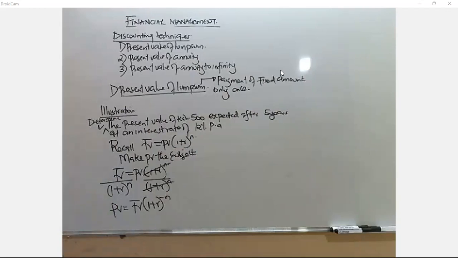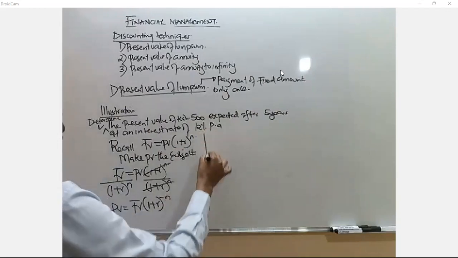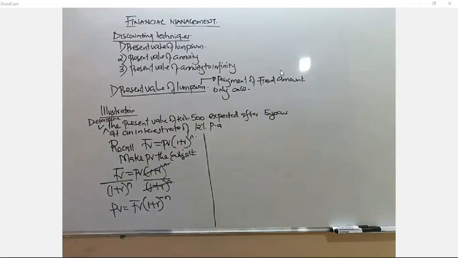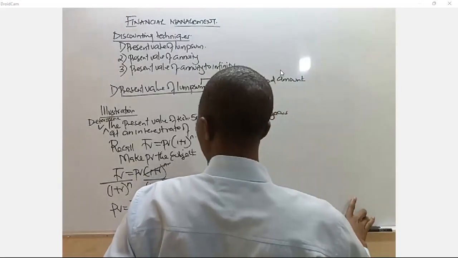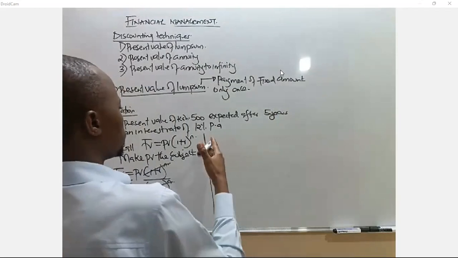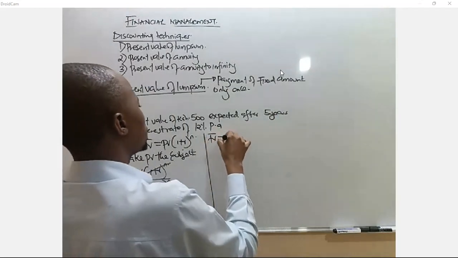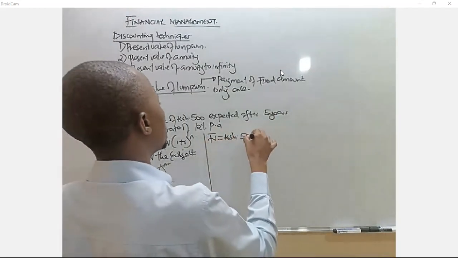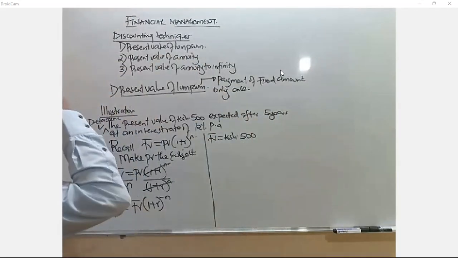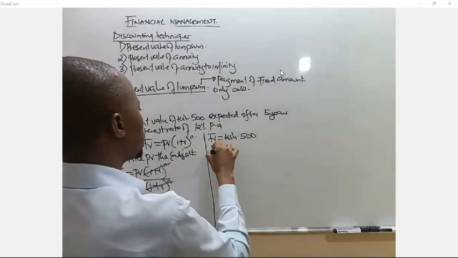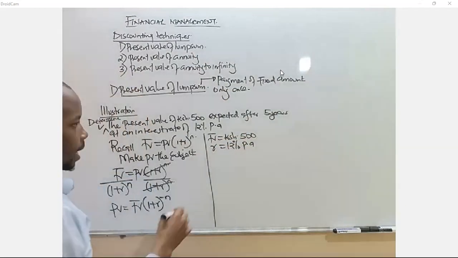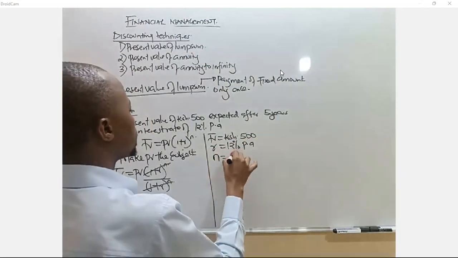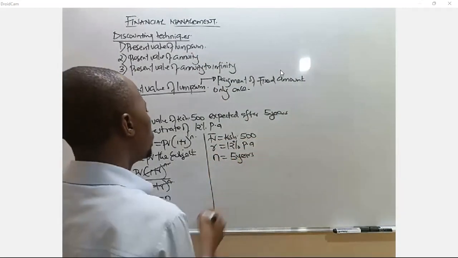So as per our illustration, we have the future value, which is Kenya shillings 500. Our interest rate is 12% per annum, and n is 5 years. What will be our present value?